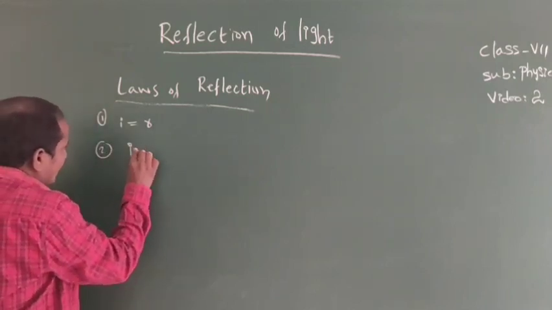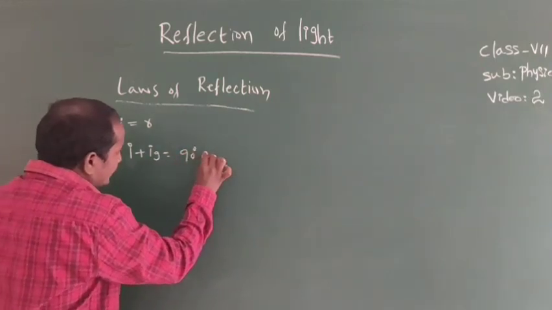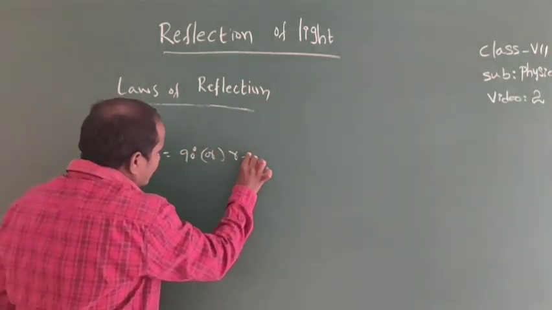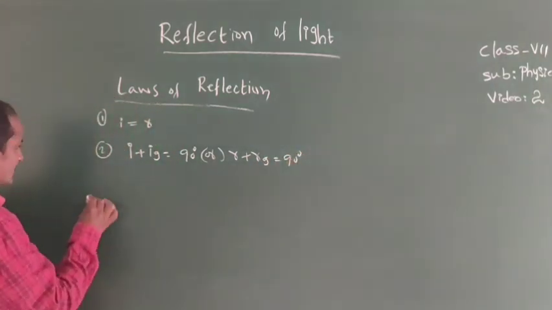The second one: i + i = 90 degrees or r + r = 90 degrees.